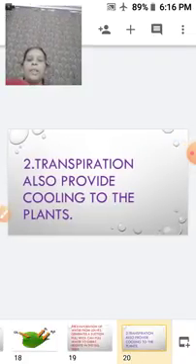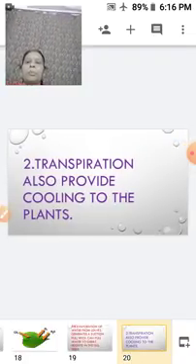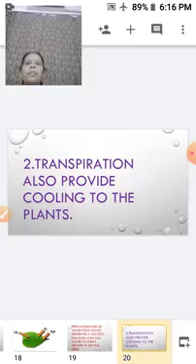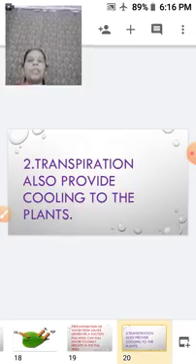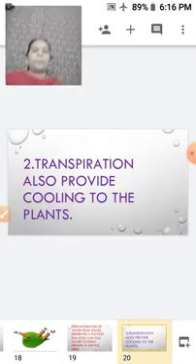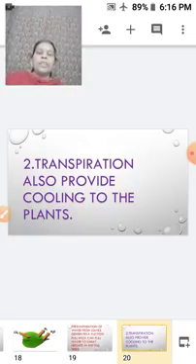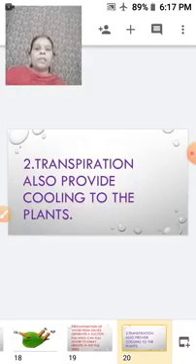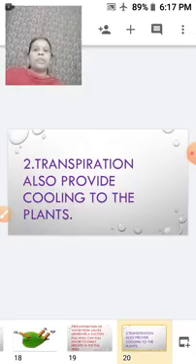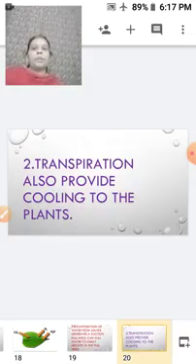Transpiration also provides cooling to the plant. So this is another function of transpiration. Transpiration not only helps in getting the water to the top of the plant, but also provides coolness to the plant.